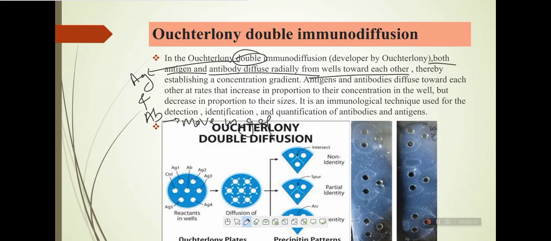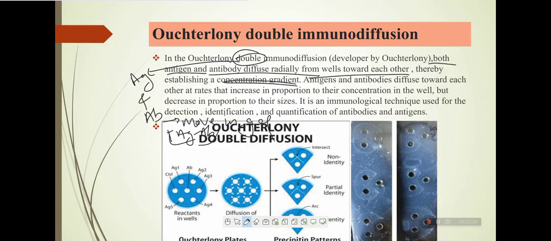What does diffusing radially toward each other mean? It means both antigen and antibody move and form an antigen antibody complex, thereby stabilizing a concentration gradient.